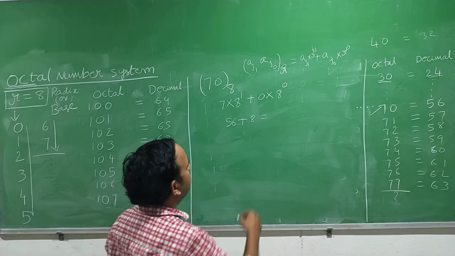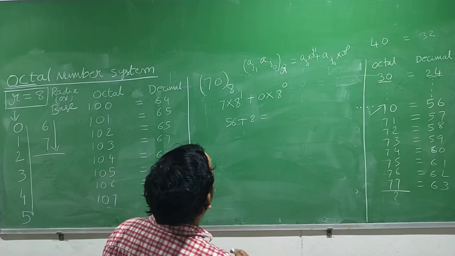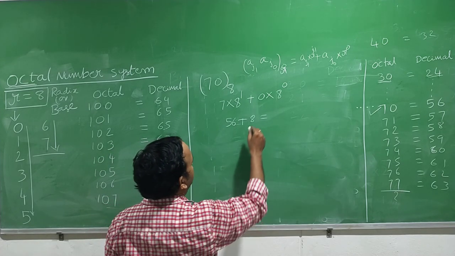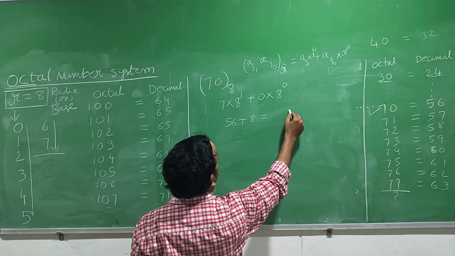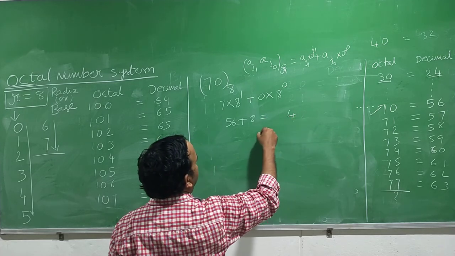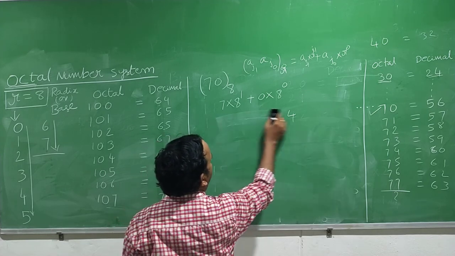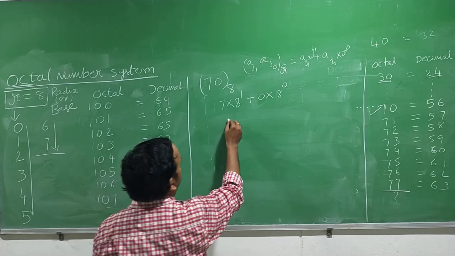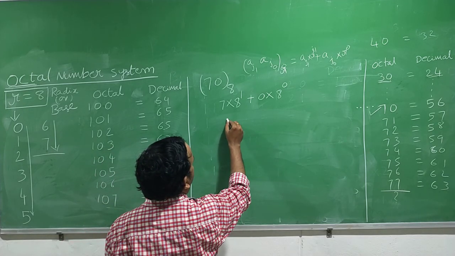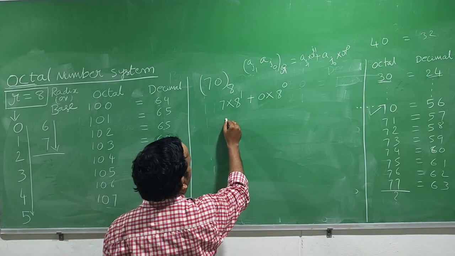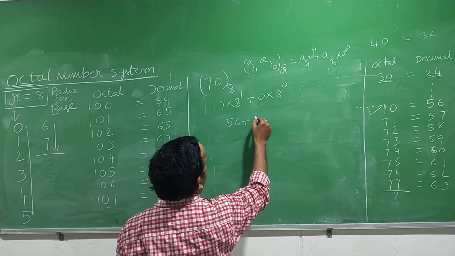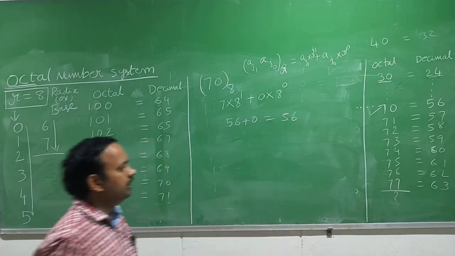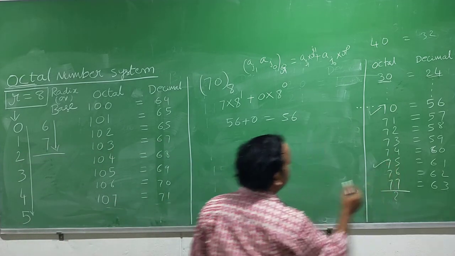So what will you get here? 8 power 0. Sorry, this is 0, right? 56, correct.